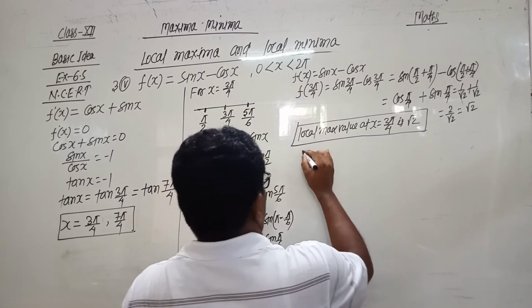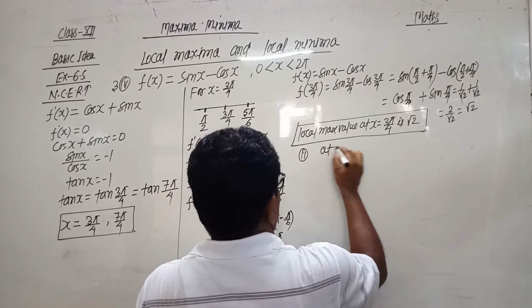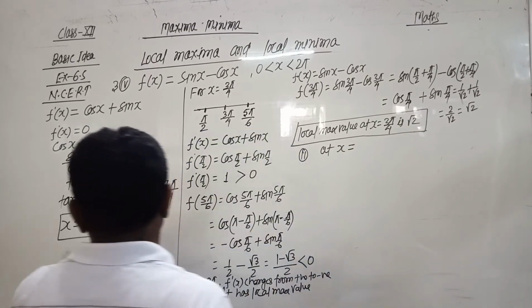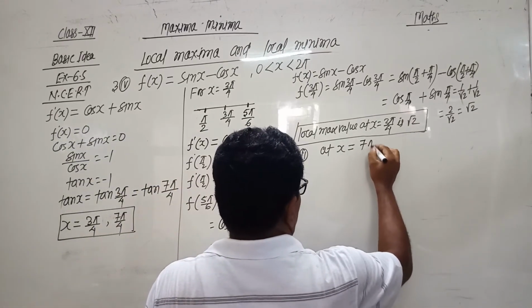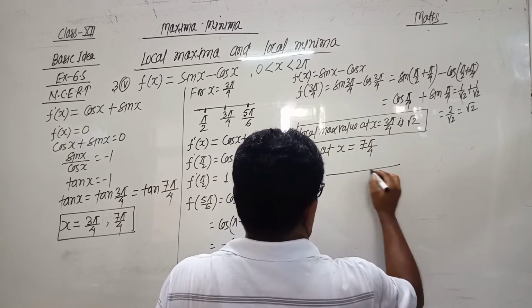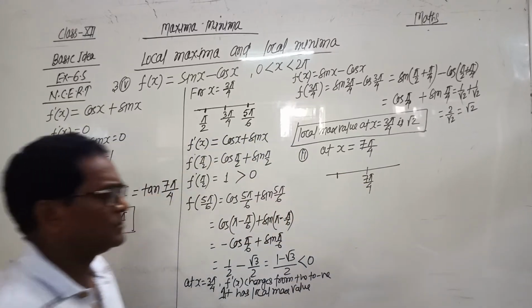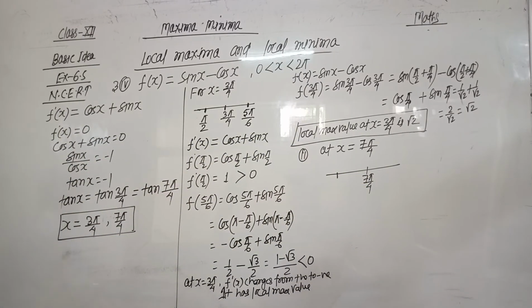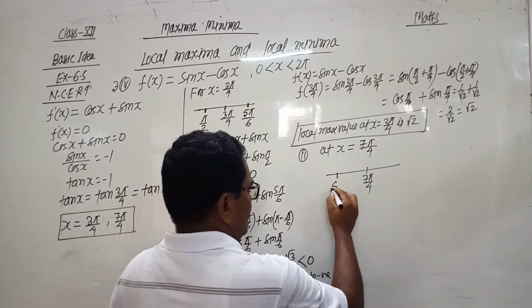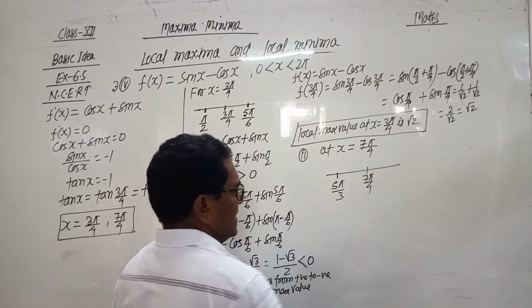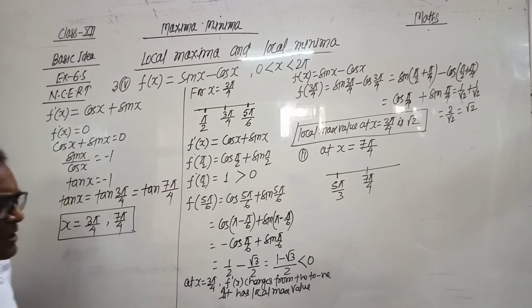Now at x equals to the second value 7 pi by 4, the value just less than 7 pi by 4. So we can write 5 pi by 3. 7 pi by 4 means 315 degree, 5 pi by 3 means 300 degree.